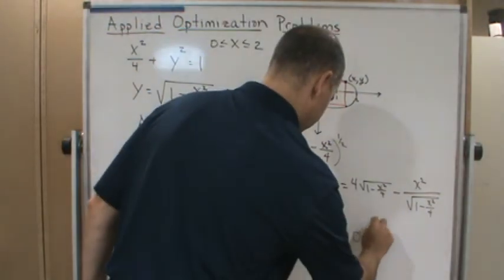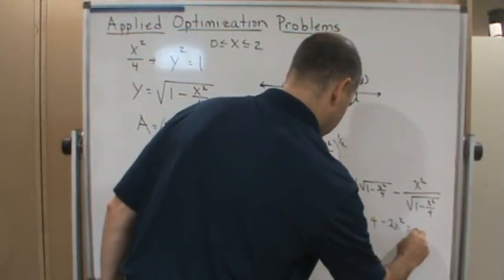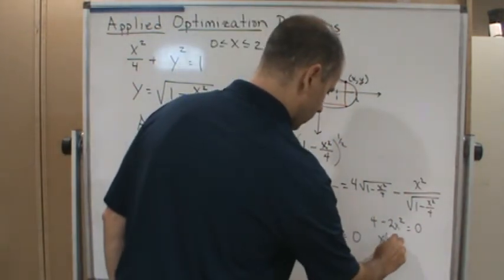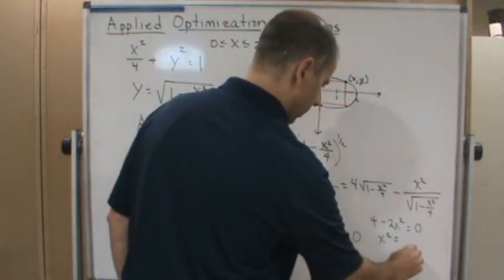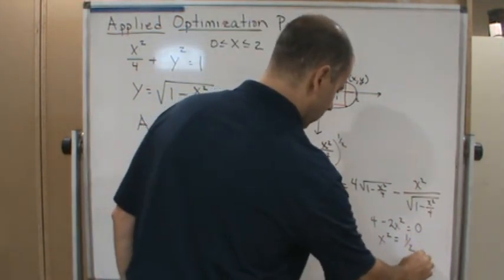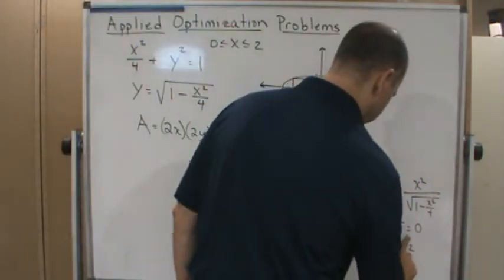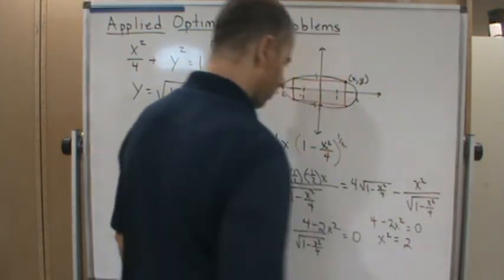So that would mean that 4 minus 2x squared equals 0, which would mean x squared would have to equal, oh, no, not 1/2, 2.